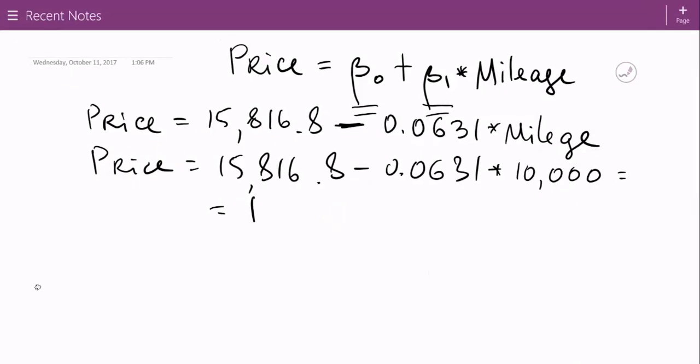It's going to be 15,185 euros. That's the expected price of the vehicle. Okay, cool.